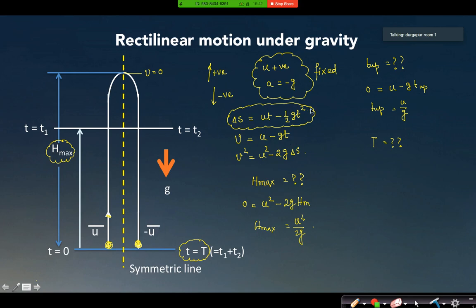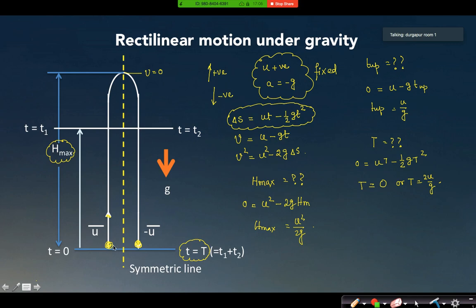Otherwise, you can use s equal to ut plus half at square. Can you tell me what is the displacement when it is back here? 0. So 0 equal to ut minus half gt square. In that case, the solution of this equation is either t equal to 0 or t equal to twice u by g. Why t equal to 0?